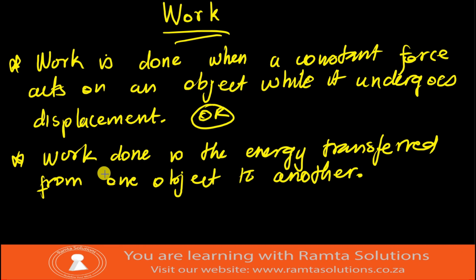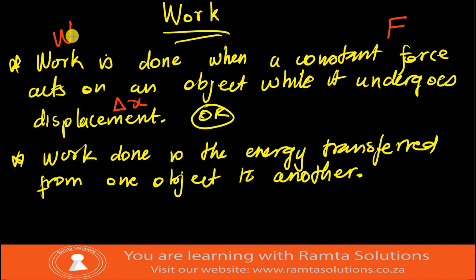It's up to you which one you like. However, I like the first one, which says work is done when a constant force acts on an object while it undergoes displacement. One of the reasons I like it is because it underlines force and displacement.